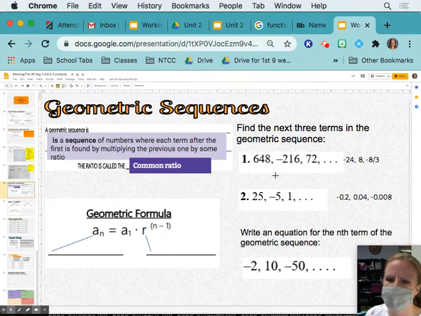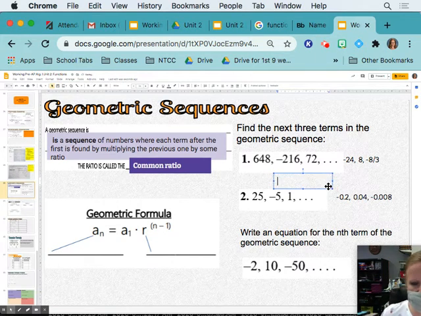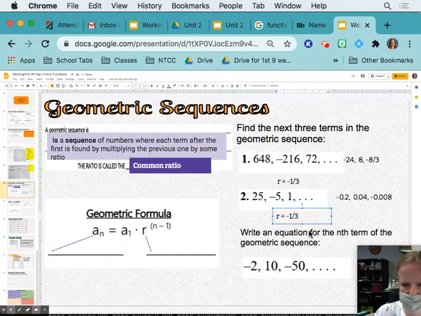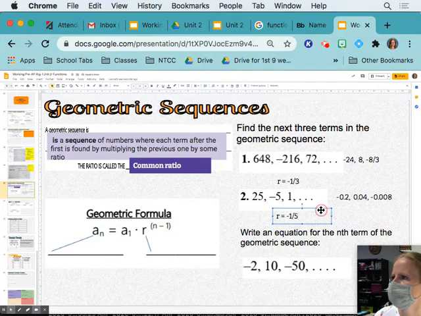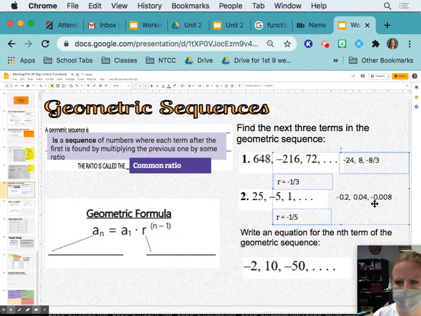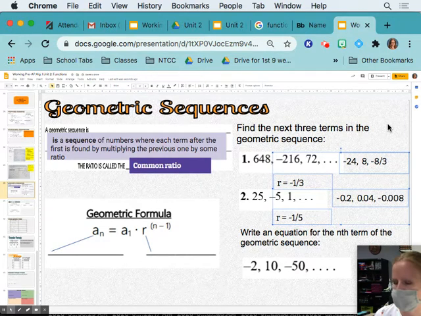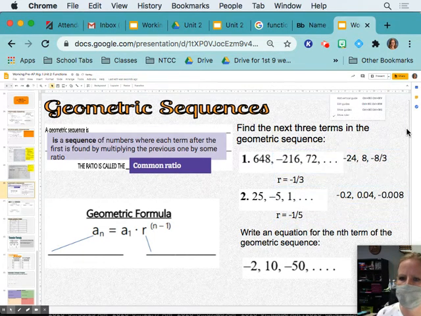And I want us to go ahead and write what the R is. R is going to be our common ratio. On this one, R was negative 1/3, right? And on the other one, it was negative 1/5. There we go.